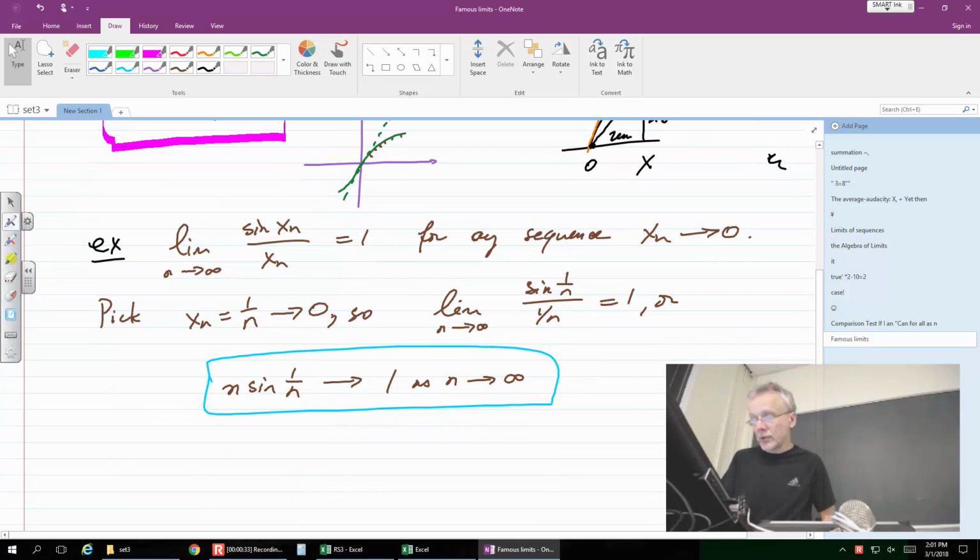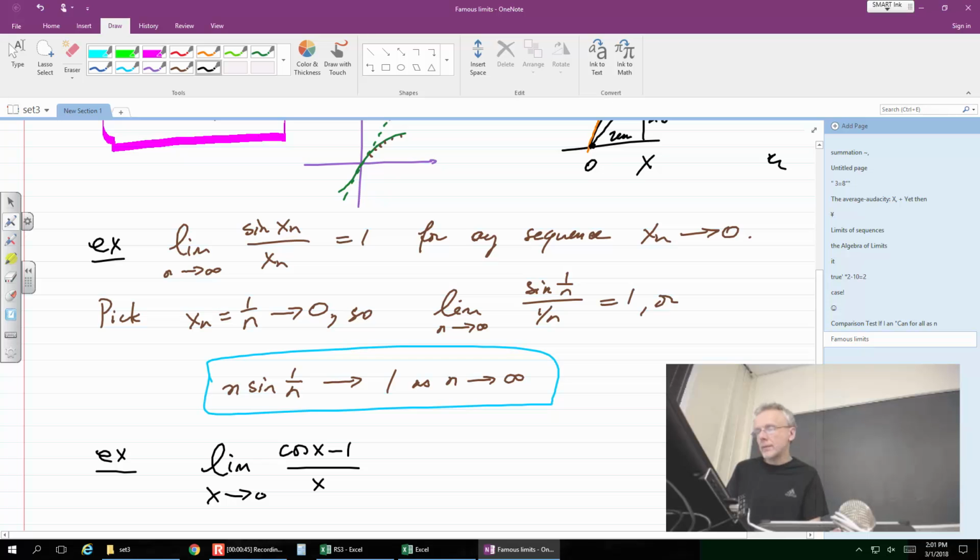That's the same for cosine, a similar one for cosine. So if we take the limit of cosine x minus 1 over x, same idea, almost the same function, but with this negative 1, which still works out this way as the limit as x goes to 0 of cosine x minus cosine 0 over x minus 0.